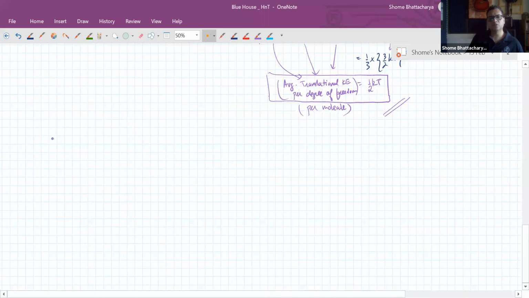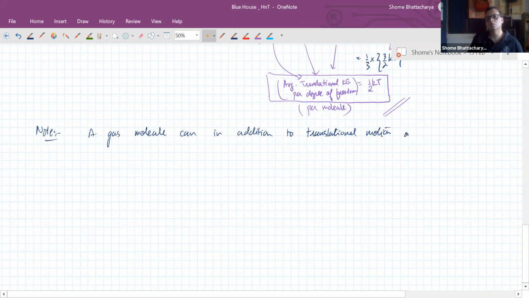The general statement of the law of equipartition of energy will come something like this: a gas molecule can, in addition to translational motion, also have rotational motion and vibrational motion. So there are other types of motion possible other than translation.